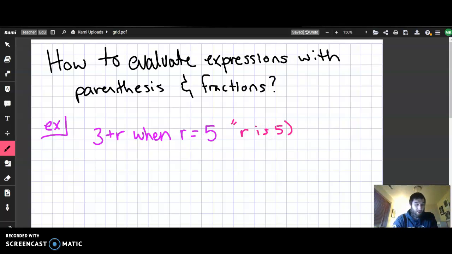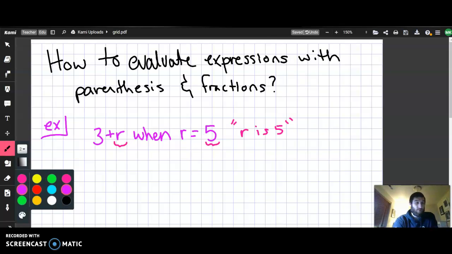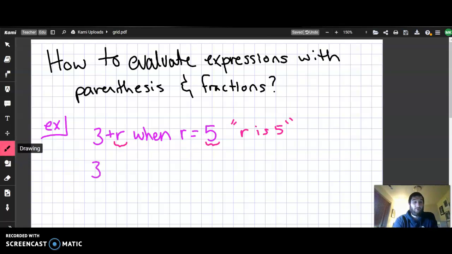So if r is 5, then wherever we have that r, we're writing in the 5. We have 3 plus the 5. We're replacing the r with the 5 because r is 5. That's what that equal sign represents.